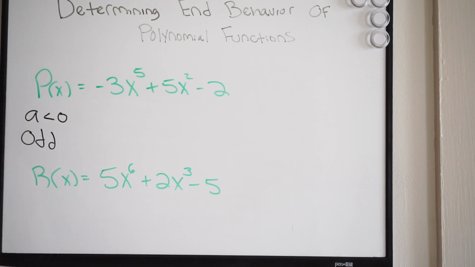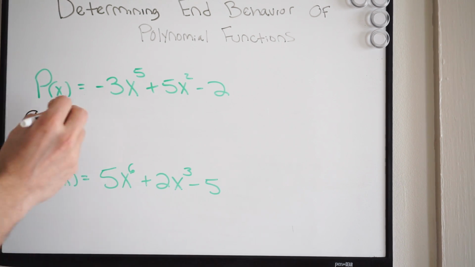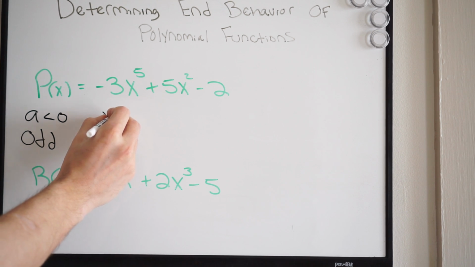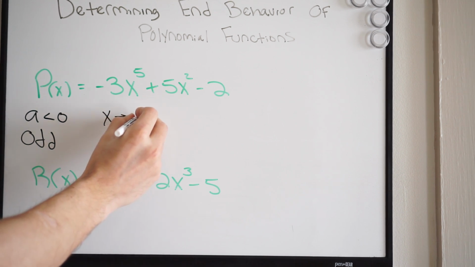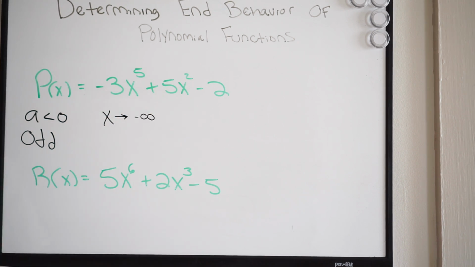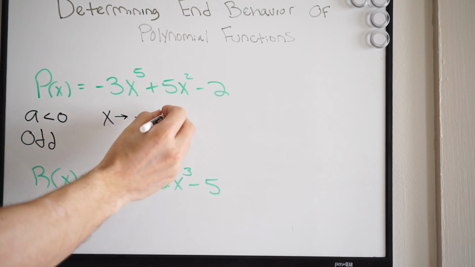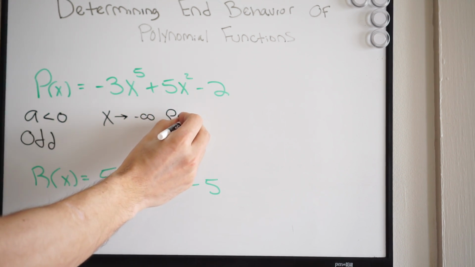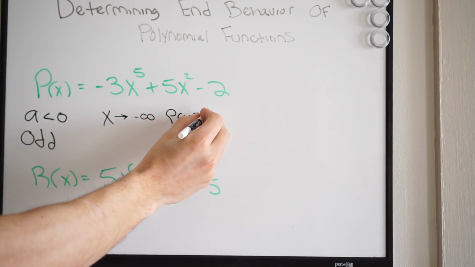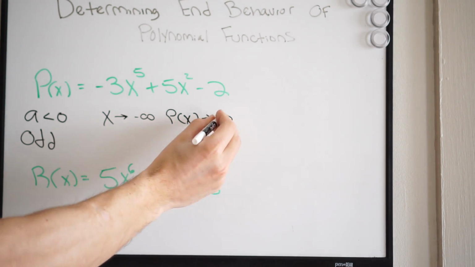So going to the table that we created, if a is less than 0, and we have an odd degree, we know that as x approaches -infinity, our function, or in this case p of x, will approach infinity.